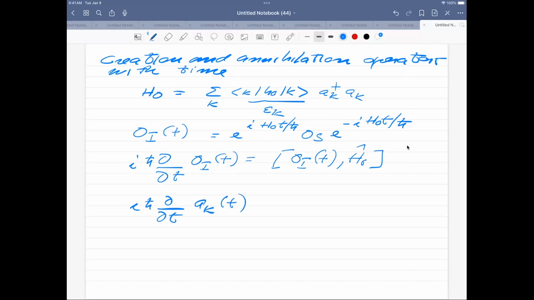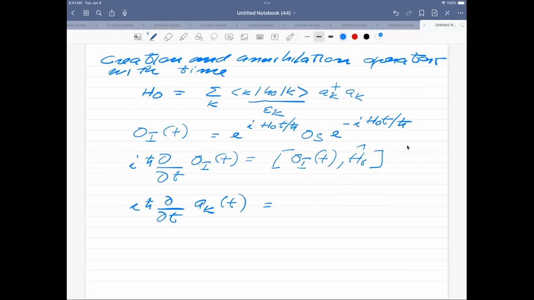So the operator in the interaction picture is now the annihilation operator, and then I can do the same thing with the creation operator. So what we have then is a_k, and observe now that there is no time dependence here. In these specific expressions, I have the intermediate step, which I was a little bit quick with.